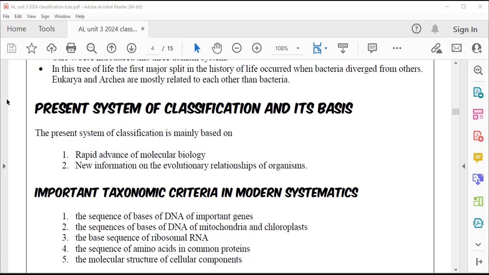Okay, but anyway, in exam paper, if they ask you what are the basis of present system of classification, one, you can say the rapid advance in molecular biology. Second one, the new information on the evolutionary relationships of organisms.